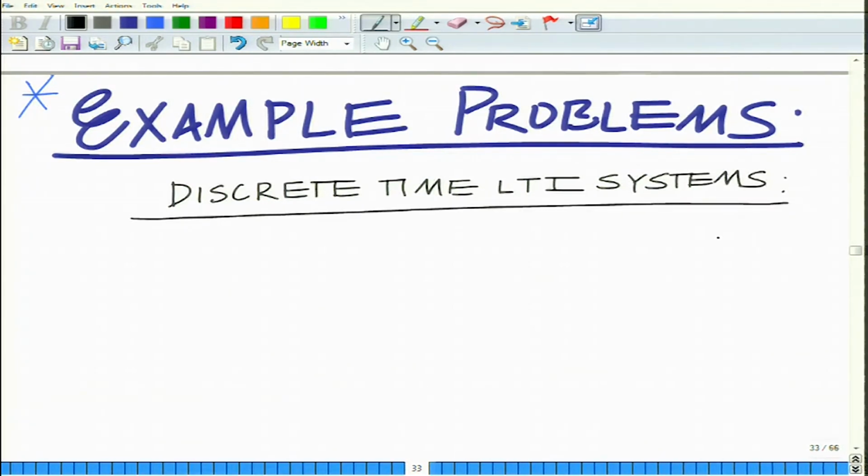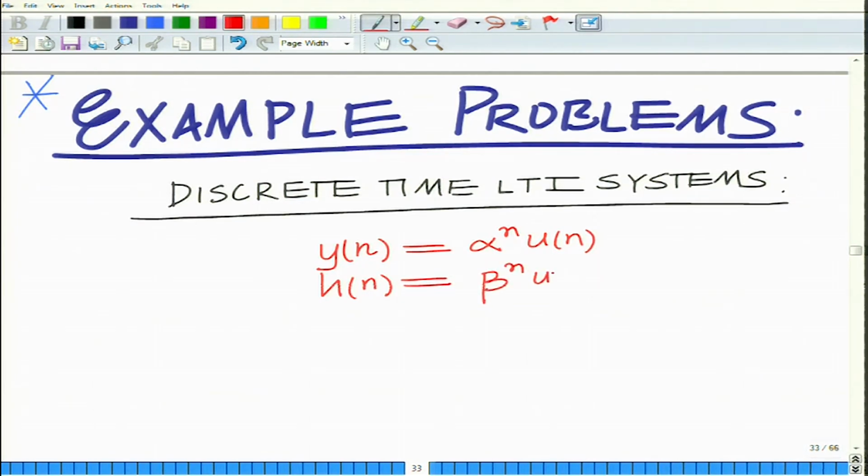So, in discrete time systems, let us say we have an input x n equals alpha to the power n u n, and we have an impulse response h n that is given as beta to the power n times u n, where u n is the unit step function or the unit step signal.